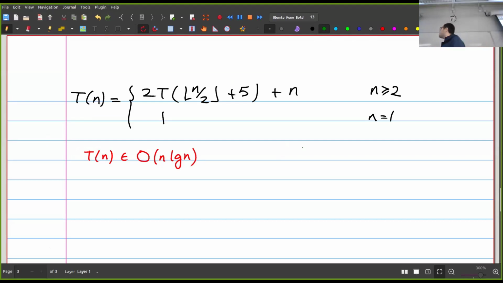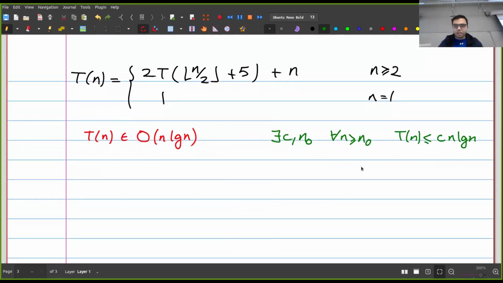So again, the hard part here is really making the guess. After you make the guess, it's just an induction. And you have to make sure you choose the right values of C and N0. So again, I want to show that there exist C and N0 such that for every n greater than or equal to N0, T of n is less than or equal to Cn log n. Okay.